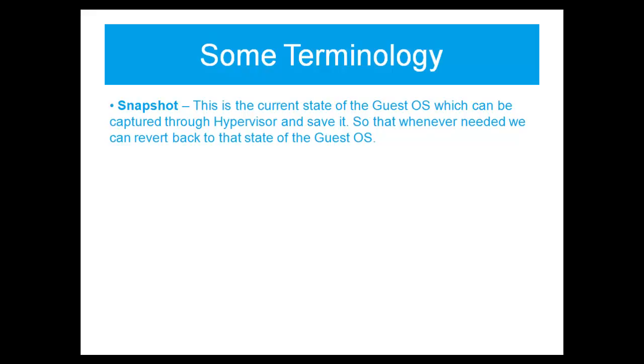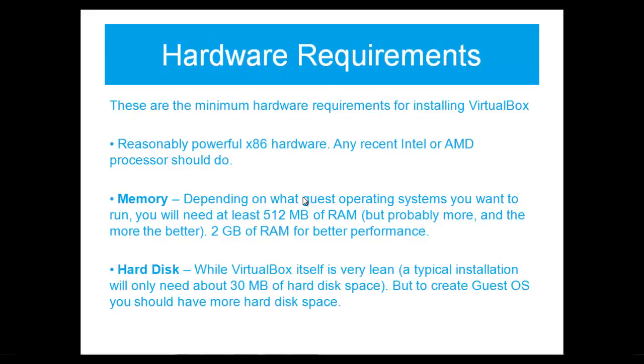Here are the minimum hardware requirements for installing VirtualBox. Number 1, reasonably powerful x86 hardware. Any recent Intel or AMD processor should do. Number 2, memory. Depending on what guest operating system you want to run, you will need at least 512 MB of RAM.